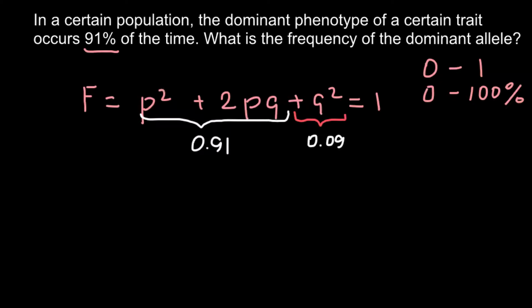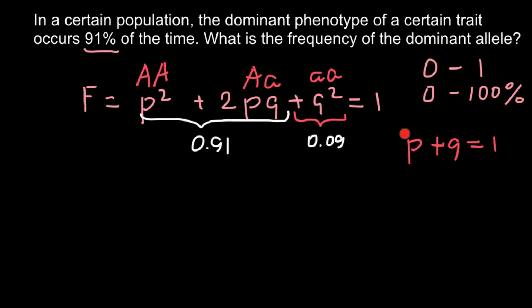So these two numbers once again stand for the occurrence of the dominant phenotype. p squared stands for, for example, the genotype capital A capital A, 2pq stands for the genotype capital A small a, and q squared stands for the small a small a genotype. In our formula, p plus q equals 1.